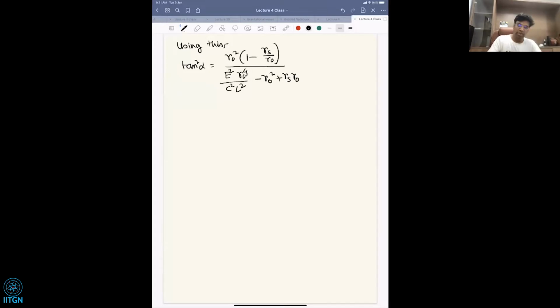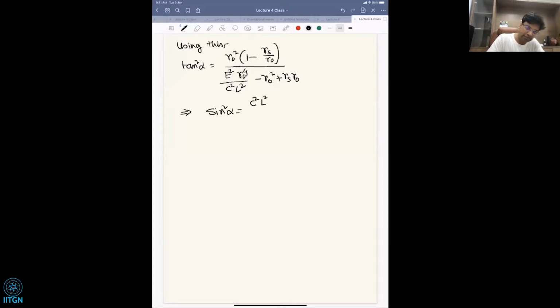You can simplify this further, and using trigonometric identities from tan square you can go to sine square alpha. Please do this simplification, it is easier to understand.